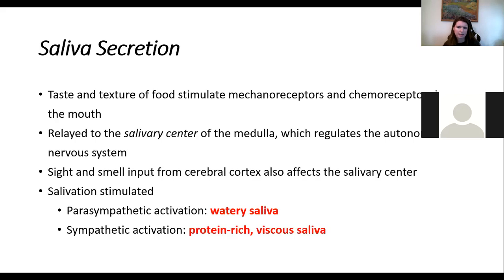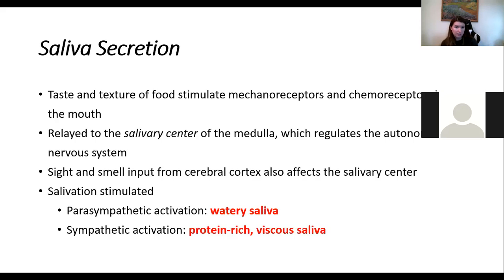So you're going to get this stimulus from your mouth, going to these receptors, going to the medulla, to the salivary center, and then the salivary center is going to send out some type of autonomic signal. We remember that hopefully, the autonomic nervous system, that's your sympathetics and your parasympathetics. Both actually make saliva, but they make different types of saliva.